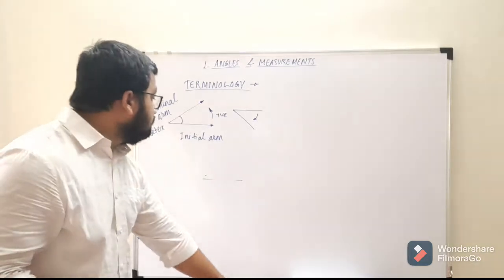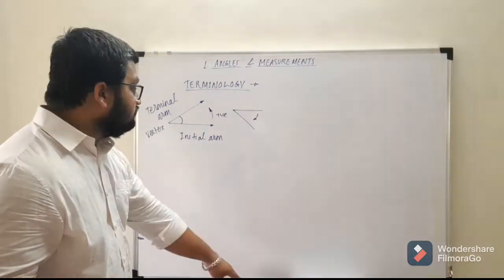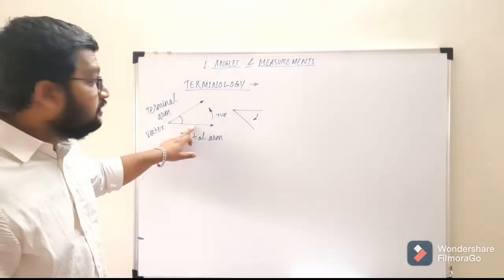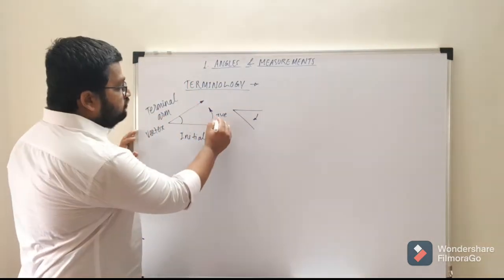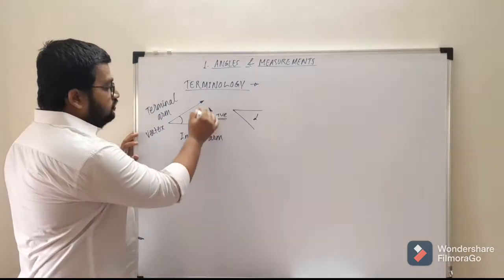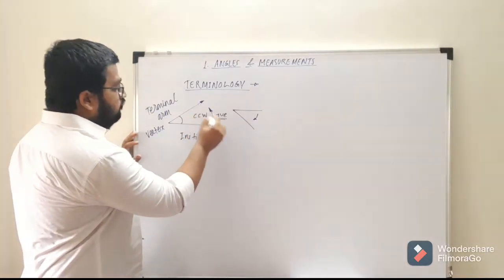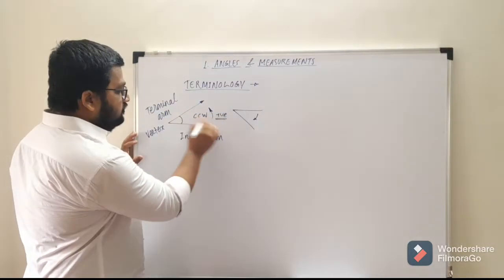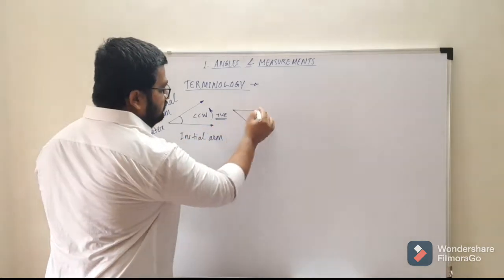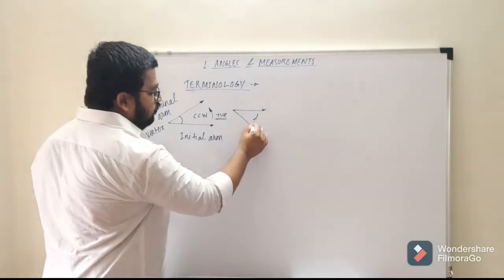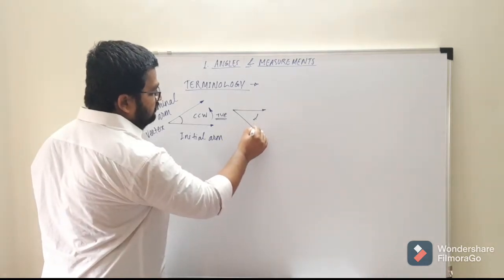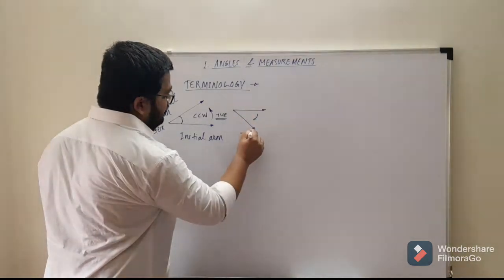Now in this case, the initial arm is always stationary, that is this is the initial arm, and if we go counterclockwise, then we call this angle a positive angle. And if suppose this is the initial arm and we measure the angle clockwise, that is if we go in the downward direction, this will be our negative angle.